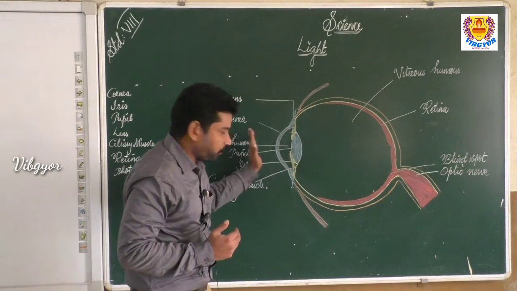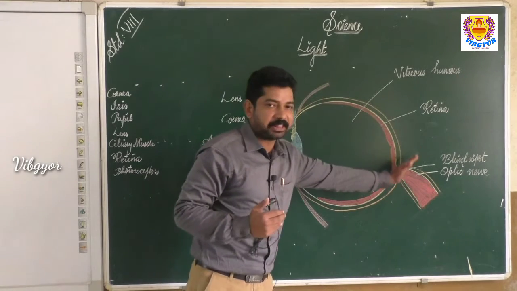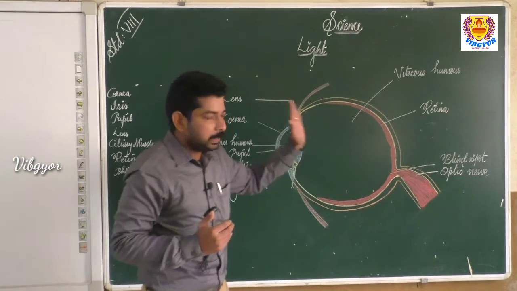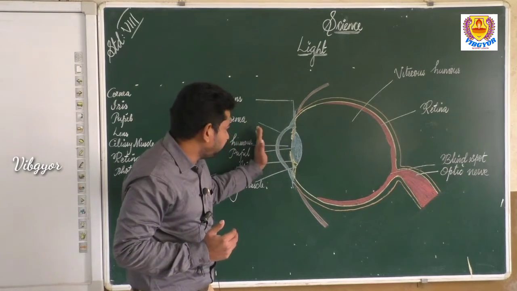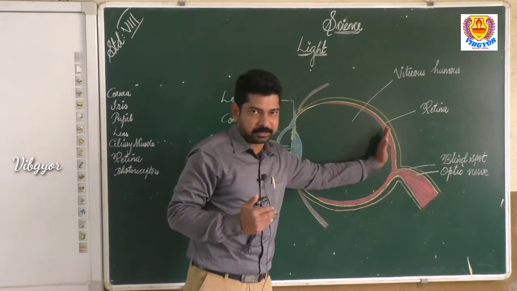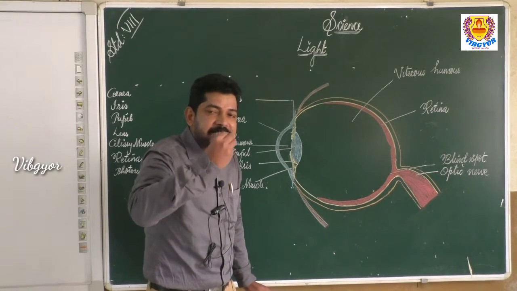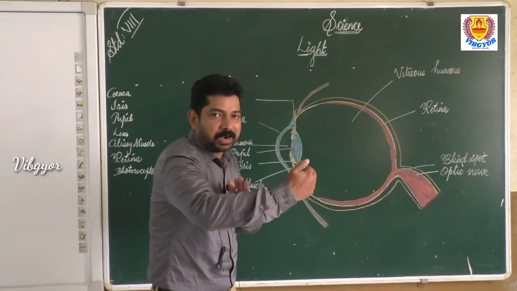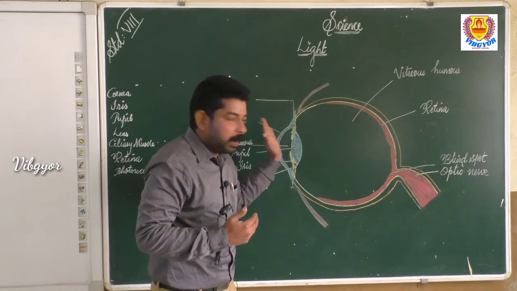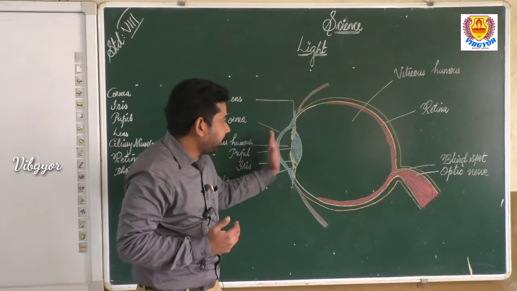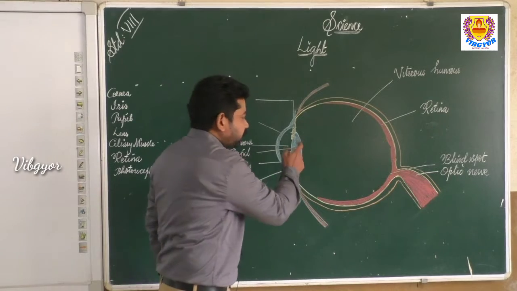This is one part, and this is another part. It says that our eye lens divides the eye into two parts. In the front part, the place between the cornea and the eye lens.